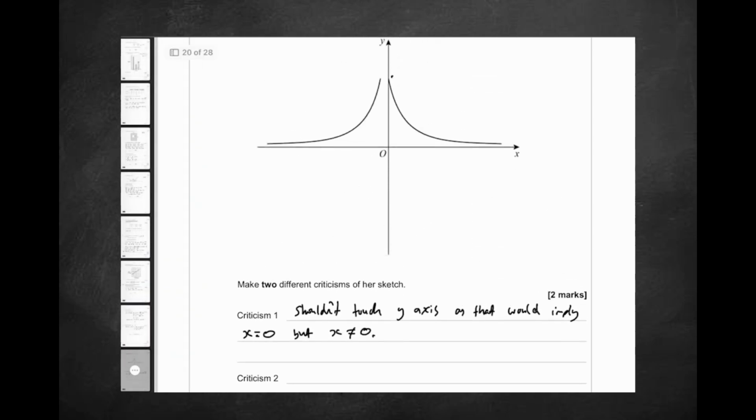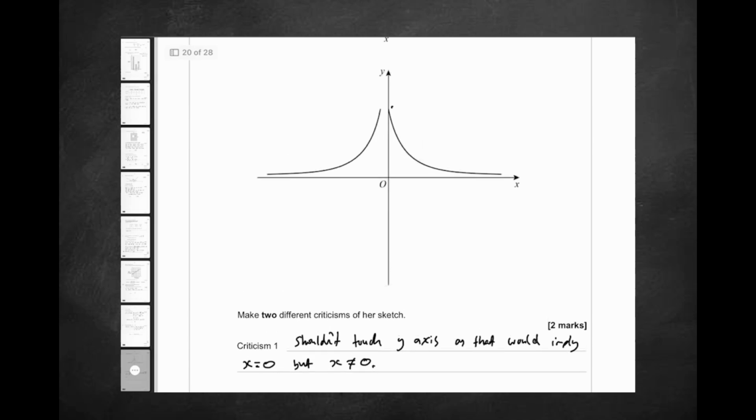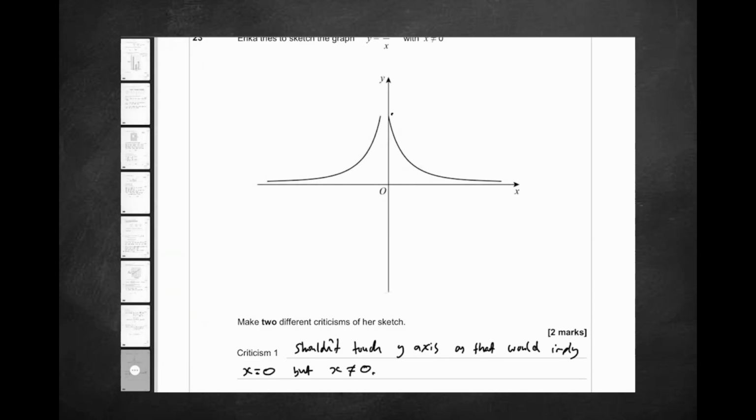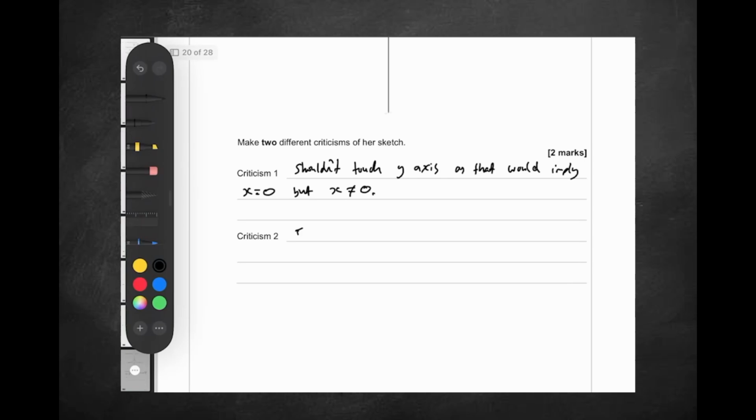And a second criticism, this is actually in the wrong segment. So if we took an example of, let's say, x is minus 2, we'll actually put it in our answer. We'll say if x equals minus 2, then y is minus a half, but the graph doesn't have any negative y values.